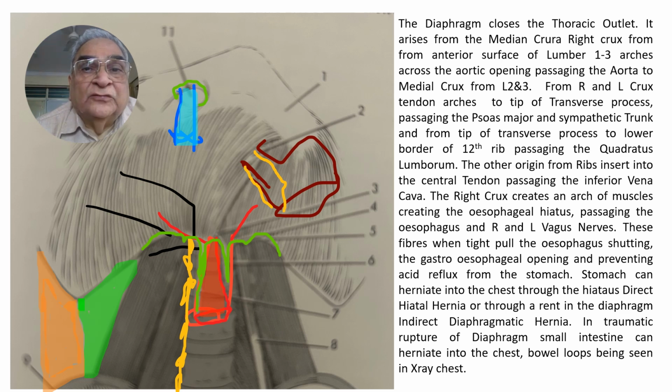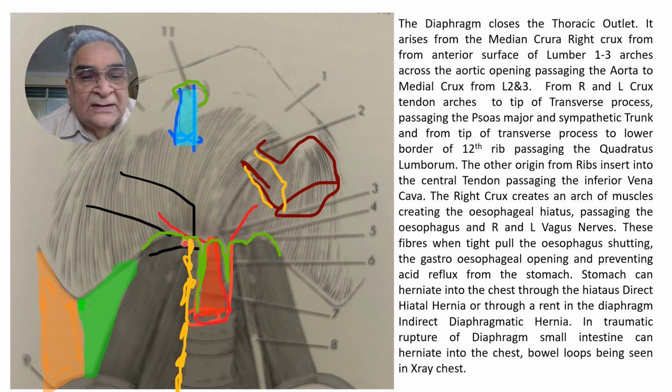The diaphragm closes the thoracic outlet. It arises from the median crura. Right and left crura form the median arch from under which emerges the aorta. Then from the right crura and the left crura, there are these tendinous arches which go to the tip of the transverse process.